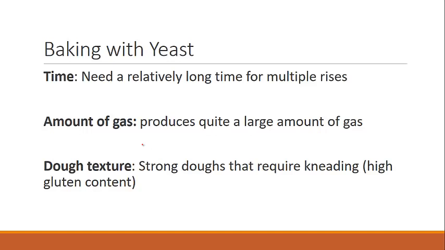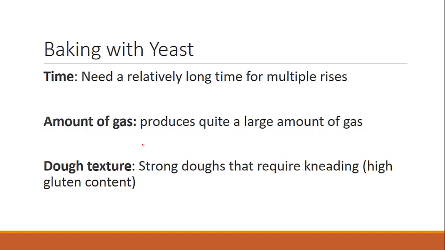We'll talk about what may be a better choice of leavening agent if you want to bake quickly. Yeast produces quite a bit of gas, so this is a good leavening agent for something that needs a lot of rising to occur. A lot of breads use yeast because you'll see big pockets of air within them. And to hold in all of that gas, you need a pretty strong dough, one with lots of gluten content.